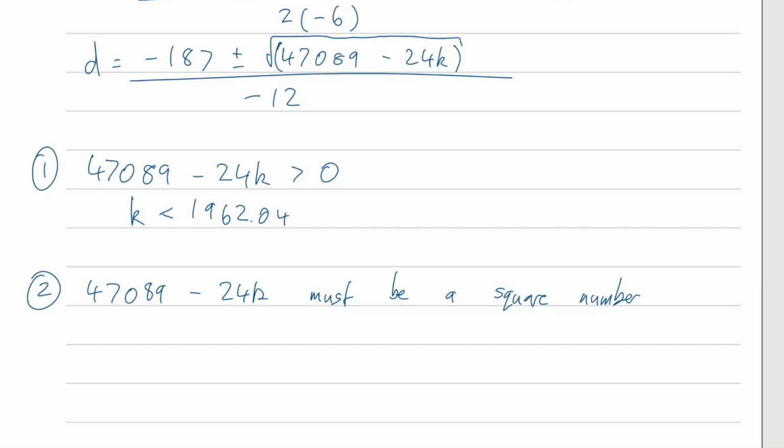We don't need to explain much further, because if it's not a square number, the square root will be a decimal, meaning d will also be a decimal number, which is not valid.